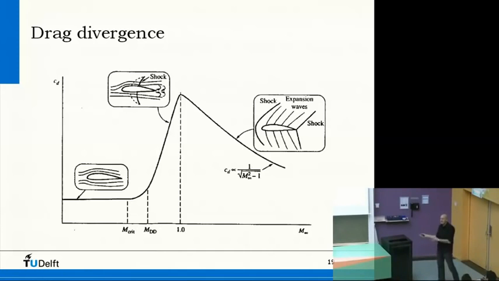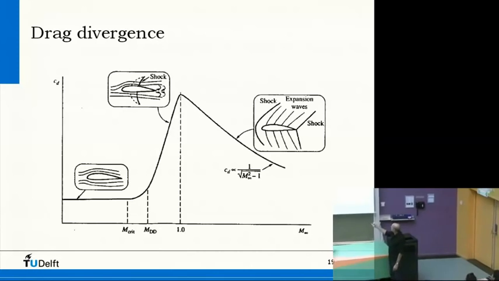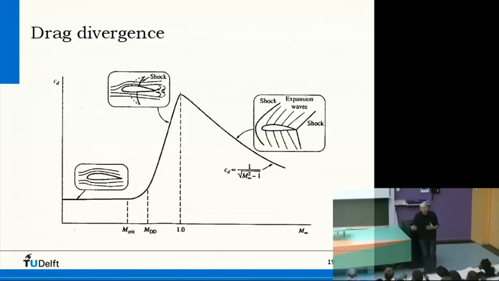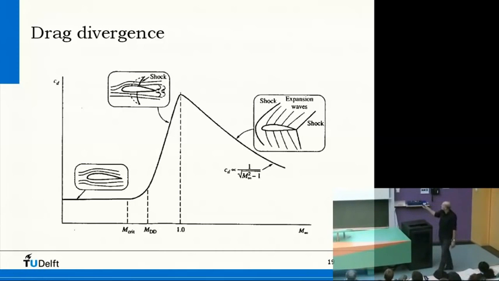Not only because of this sound that it makes, this noise that it makes, but definitely because of the increase in CD. Now, if we go any further, then we have a shock, a bow shock. So that's a shock in front of the airfoil, not on the airfoil, which means that there is a totally different flow over the airfoil than here, and then the CD goes down again.